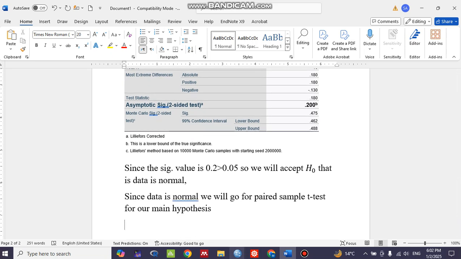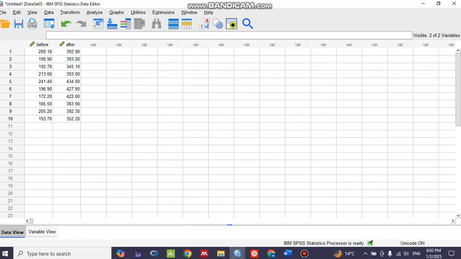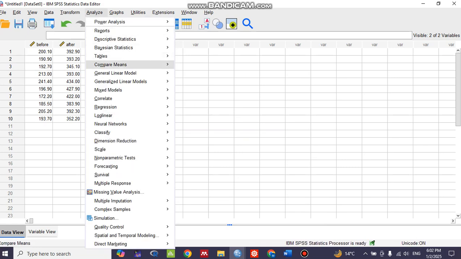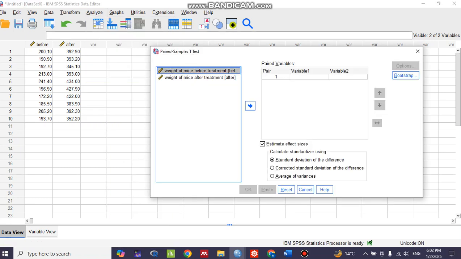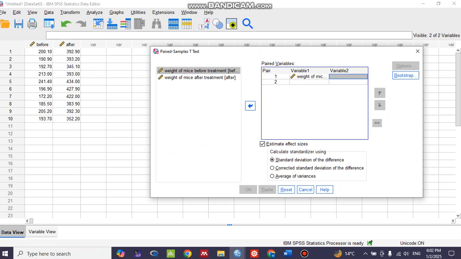Now let us perform paired sample t-test, and to perform paired sample t-test I will go to analyze, compare means, and here we have paired sample t-test. When I press that, I will shift the variables to the other side, and you will see that pair 1 has weight of mice before the treatment and weight of mice after the treatment.